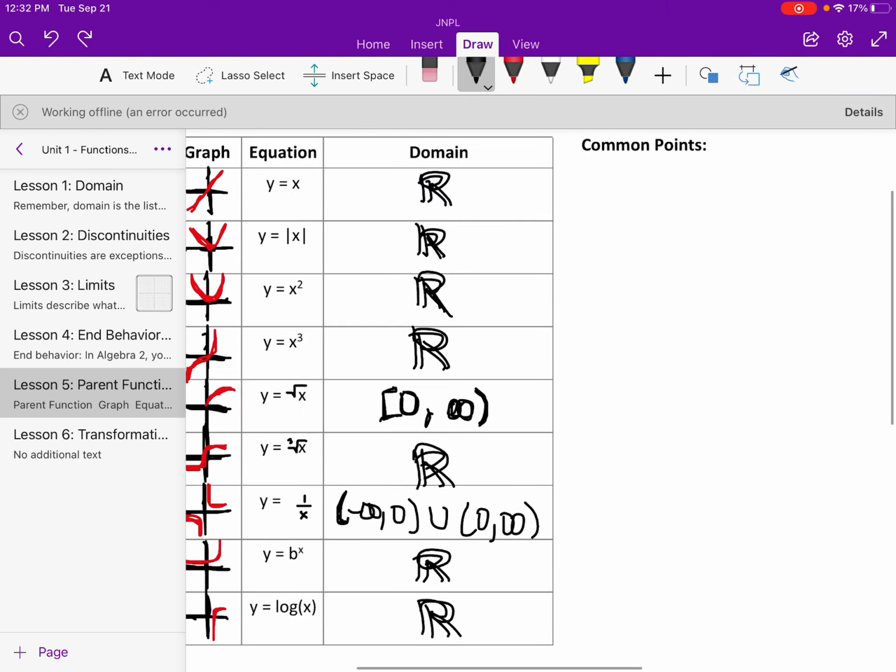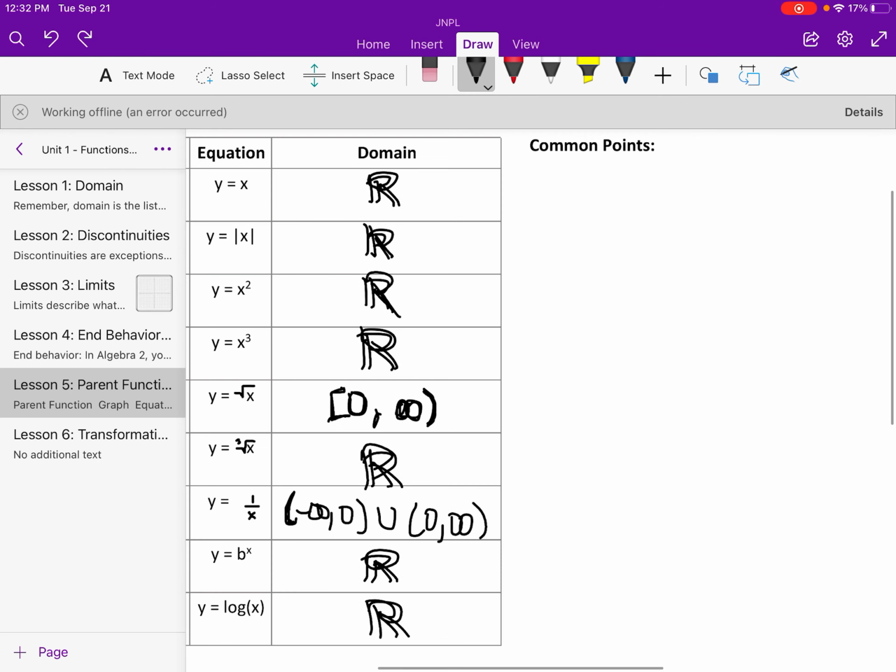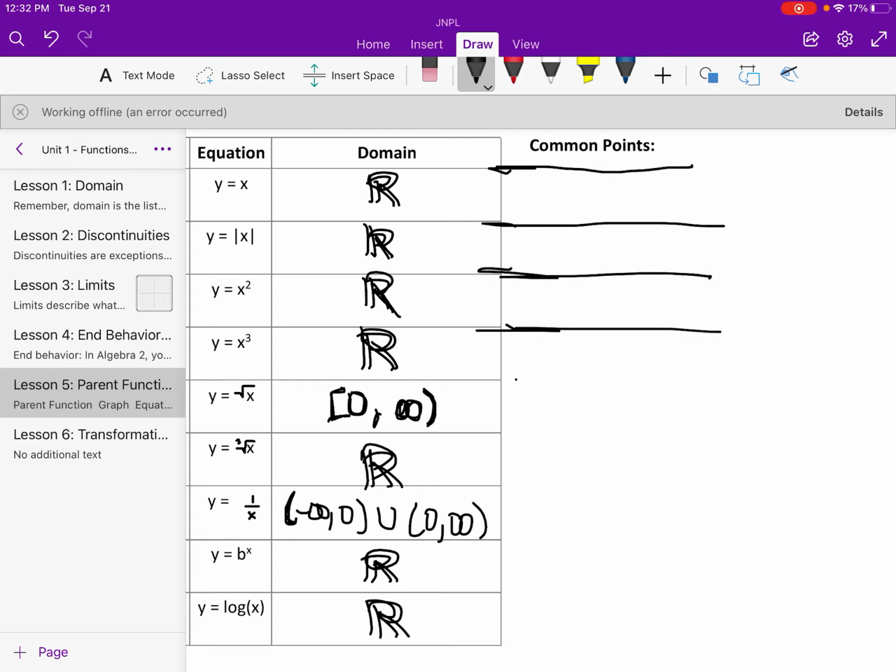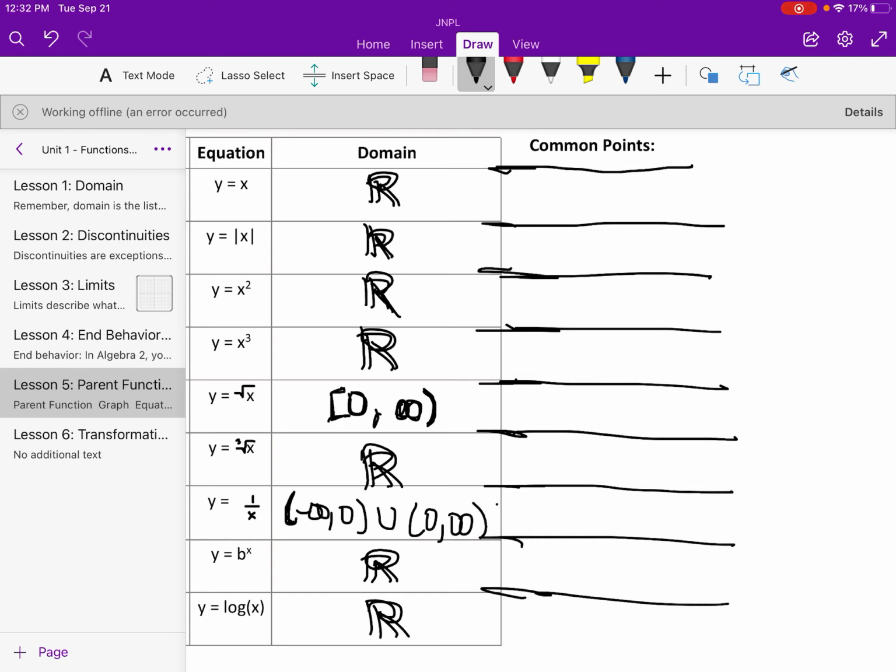All right, common points. Common points that you should know for linear. Let me do this so it's easier to see. Common point for the linear would be 0, 0.